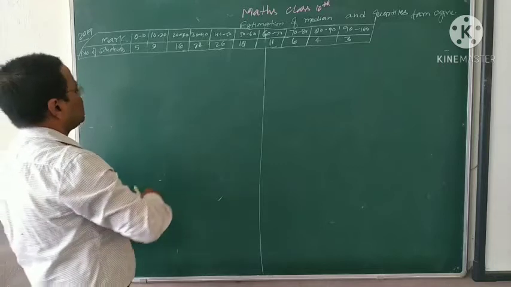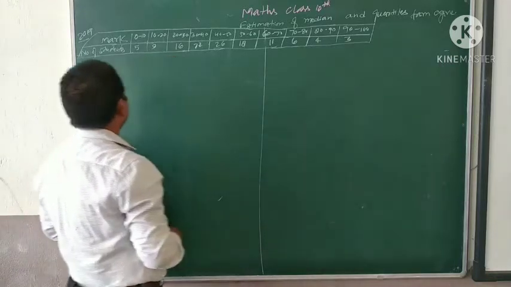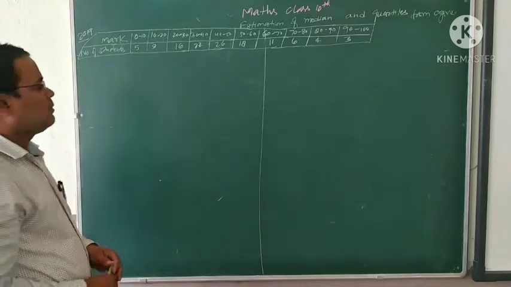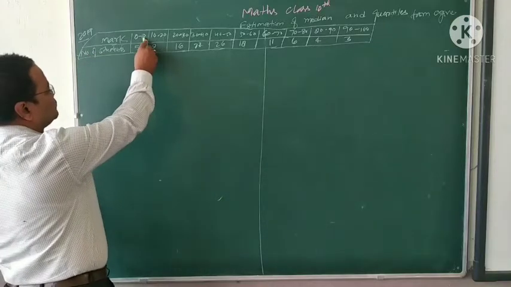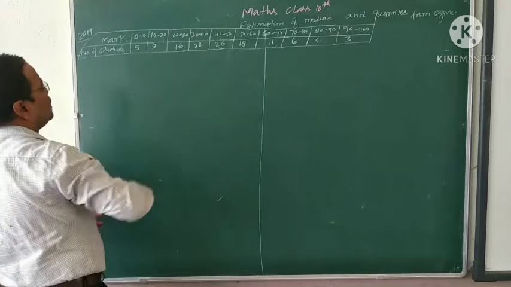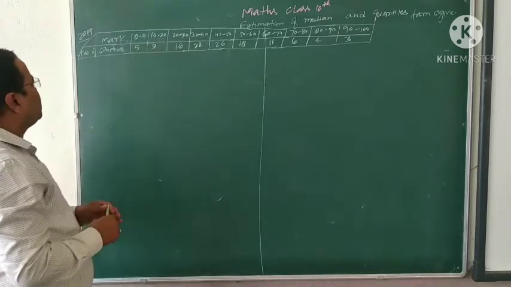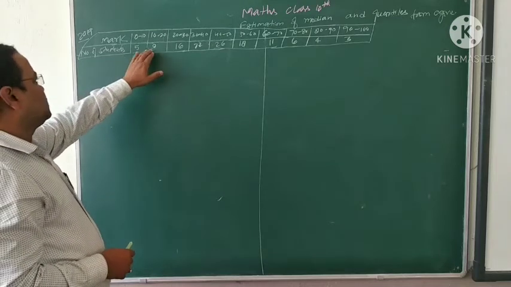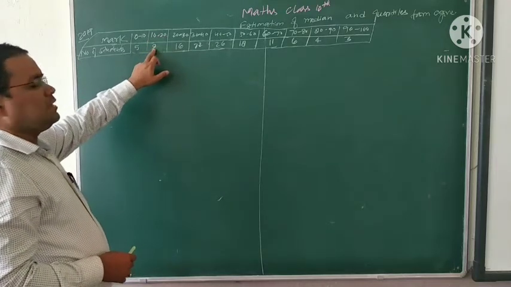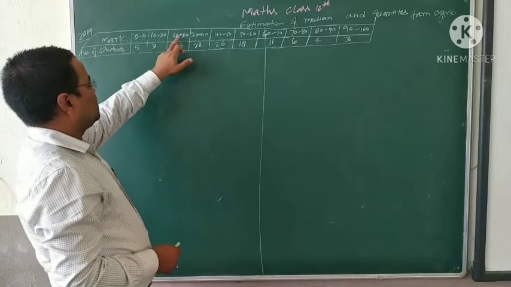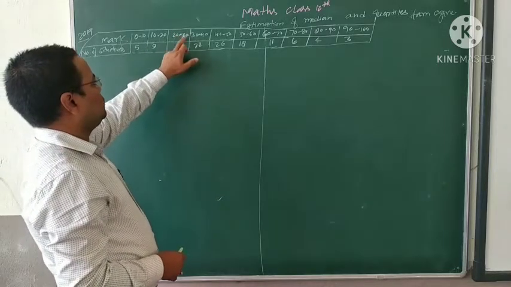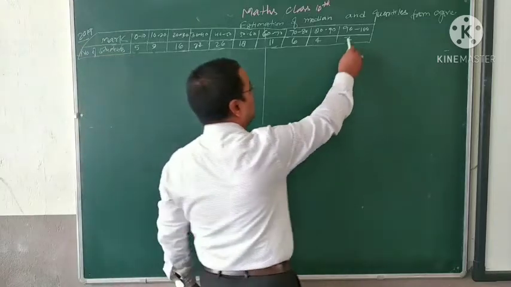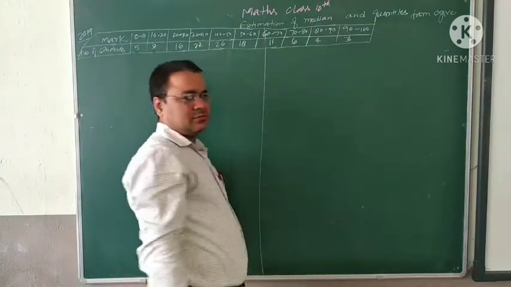The maximum mark of the test is 100, and this is the number of students. In the first class interval 0 to 10, there are 5 students. The students scoring 10 to 20 are 9. Those scoring 20 to 30 are 16, and like that, the students scoring 90 to 100 are 3.